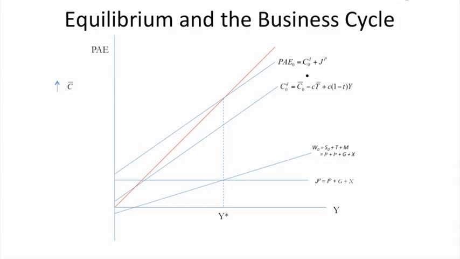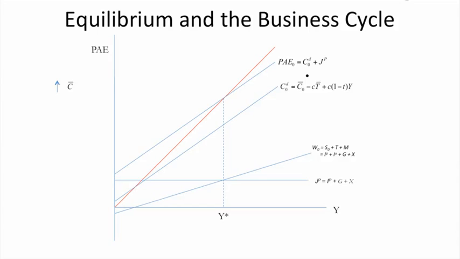What might that reason be? Well, who knows, but it might be that households are feeling more optimistic about the future and decide that this might be a good time to increase their expenditure. Let's just assume that something like this has happened.